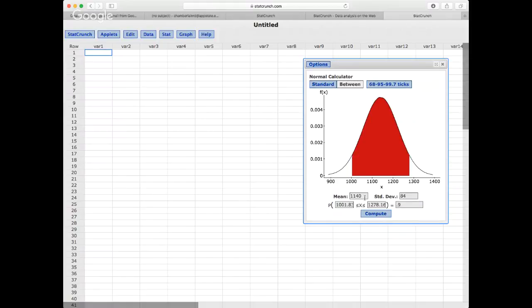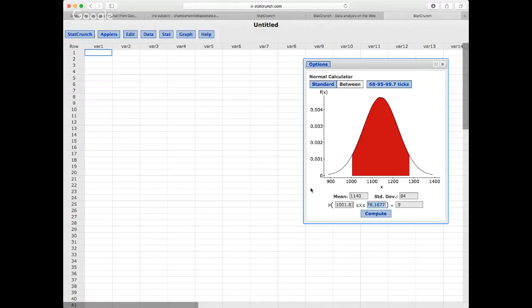Hit compute, and it tells me that between 1001.83, and the high end is going to be 1278.17. All right.